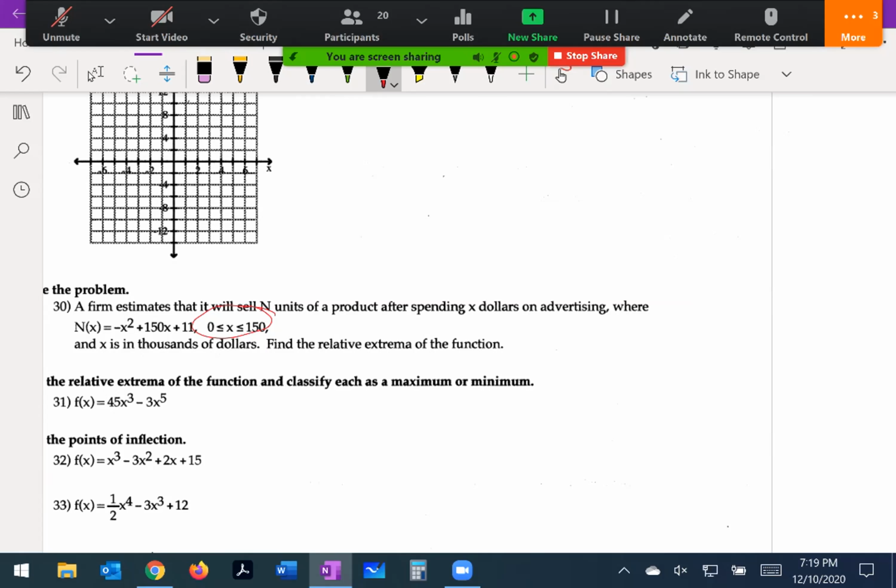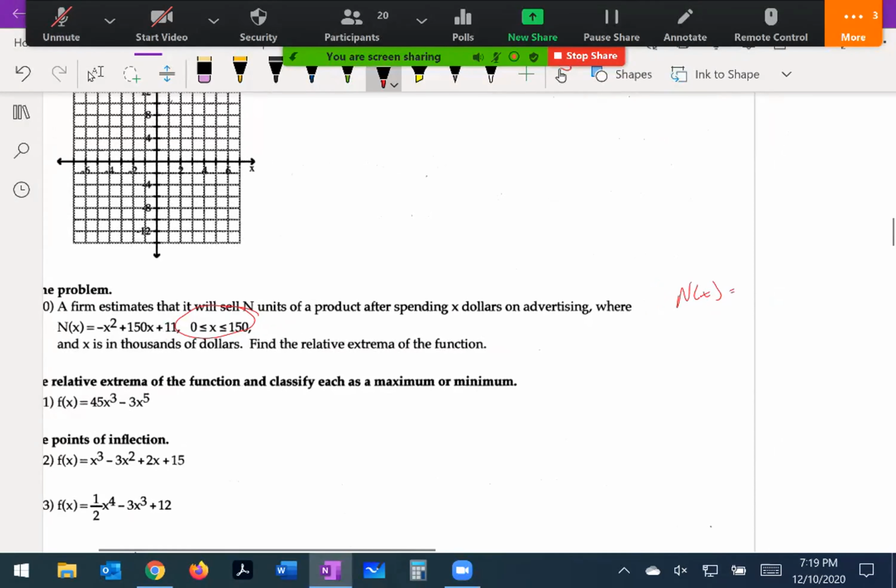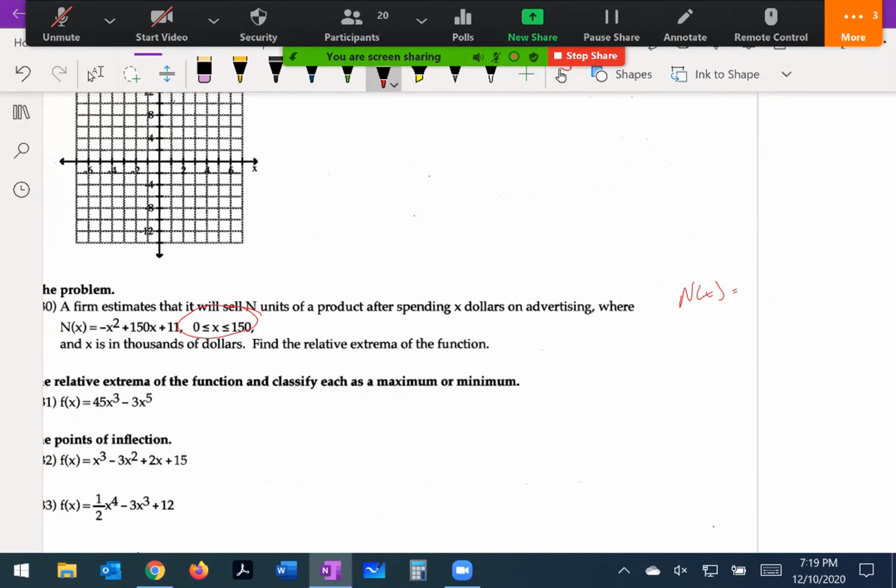Okay, so n of x is equal to negative x squared plus 150x plus 11. Yeah, it can't be relative, so relative is only going to come from critical values.